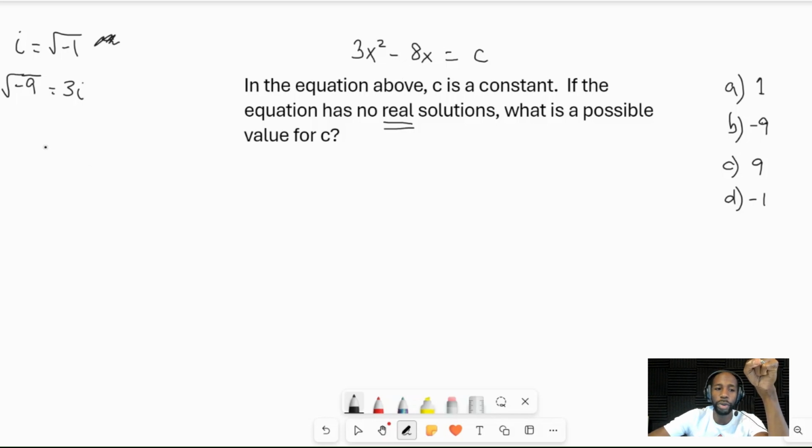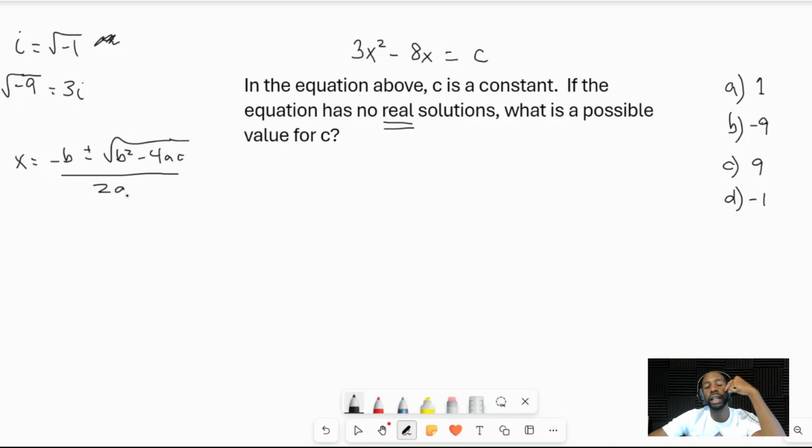You need to remember the quadratic formula: negative b plus or minus the square root of b squared minus 4ac, all over 2a. There are various ways to find the solutions to a quadratic equation like this one, but this one will distinctly allow you to find a real and possibly imaginary part of a solution.